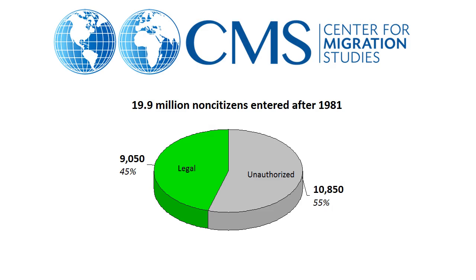Unfortunately, the Census Bureau does not lay out the data like this. There's just one large pot of 19.9 million who entered since 1981. Our strategy was to examine all the survey data and identify as many legal residents as we could in the data and subtract them, leaving mostly unauthorized residents.